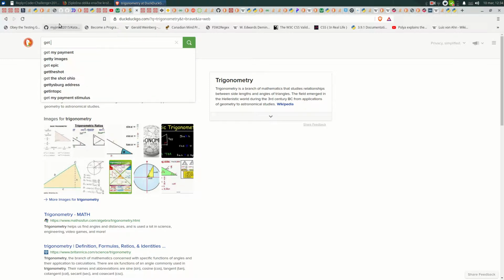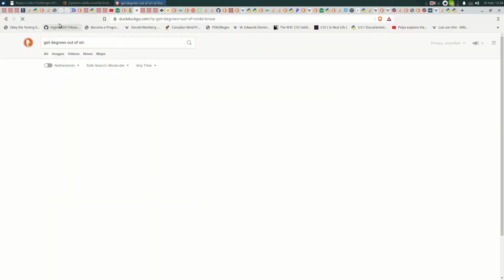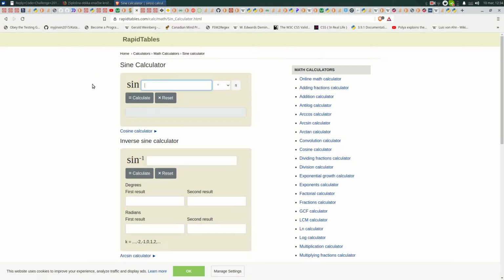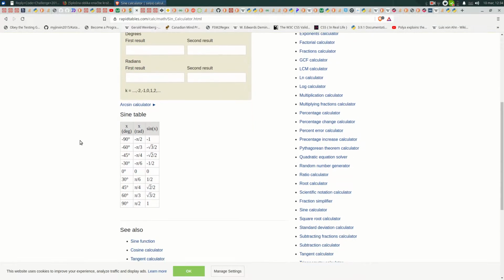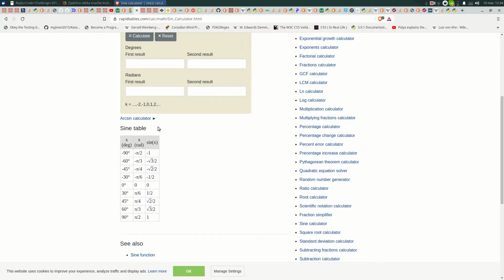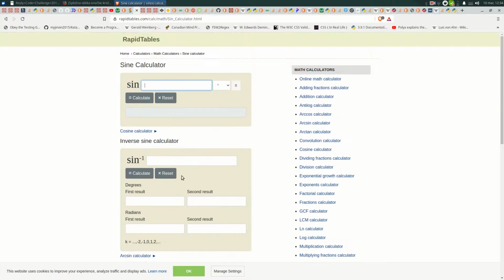So let's search how to get degrees out of sinus. There is an inverse sine calculator, so we can do it. Sinus can be from 0.5 or something.